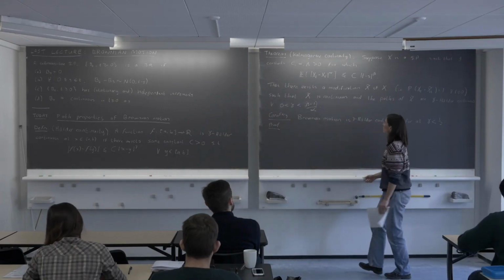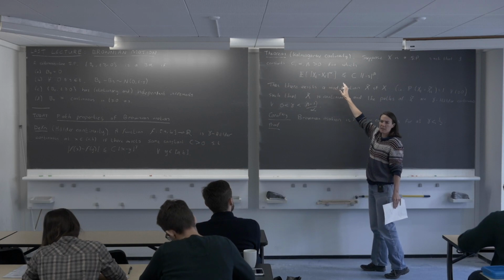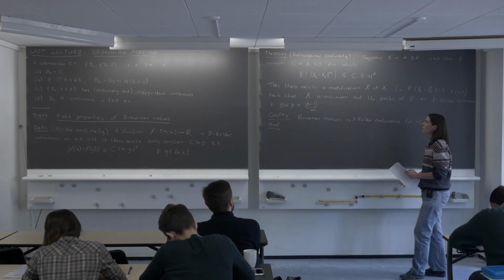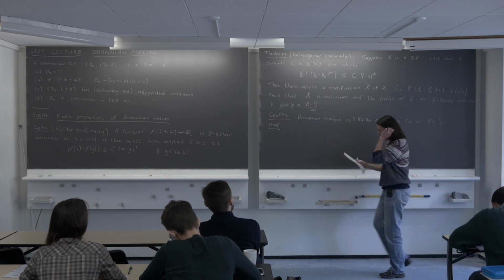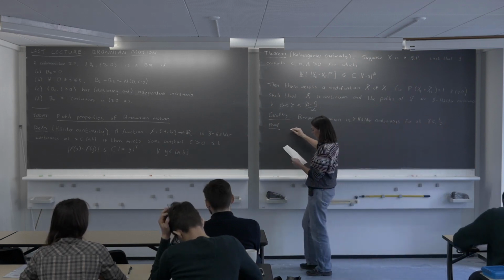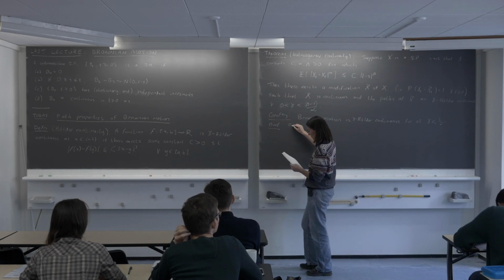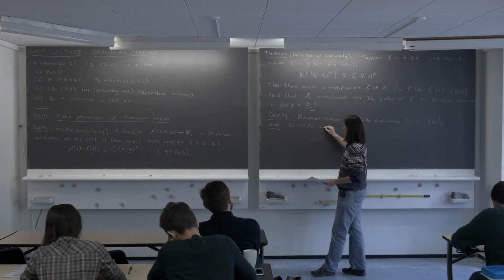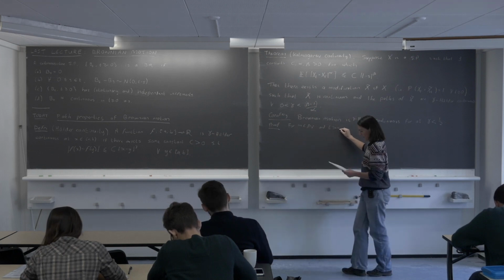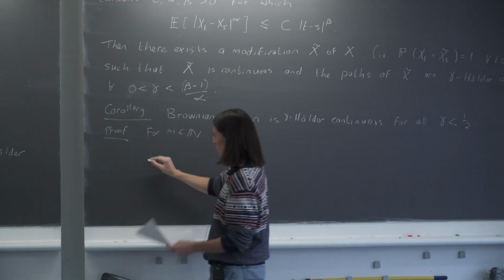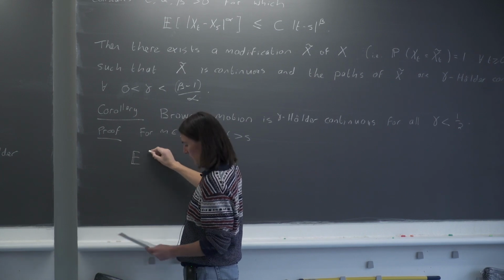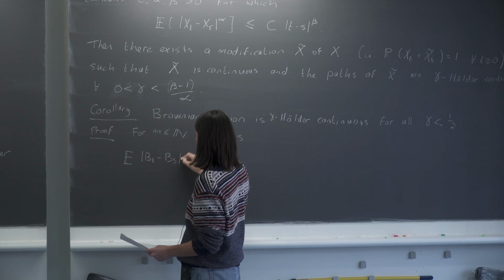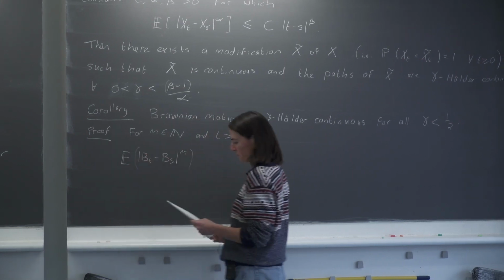Well, the trick is we need to pick our alpha carefully. If you pick your alpha right, you can get a strong result. If you pick your alpha wrong, you get a weak result. Let's just take alpha to be some integer m. So for m in the natural numbers and t bigger than s, what's the expectation of B_t minus B_s to the power of m?